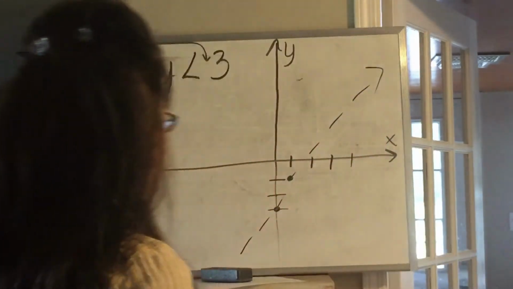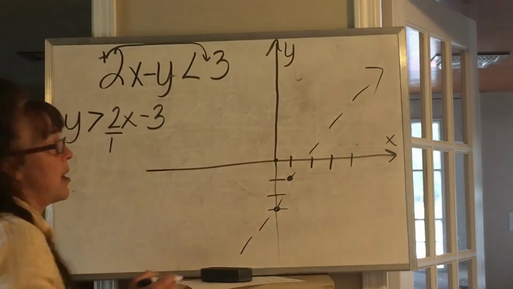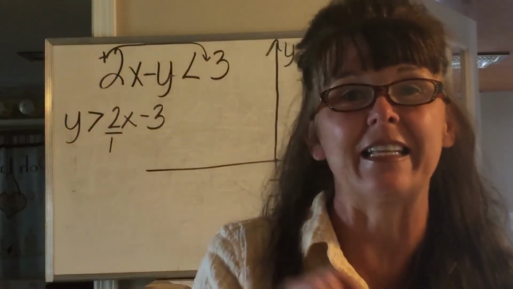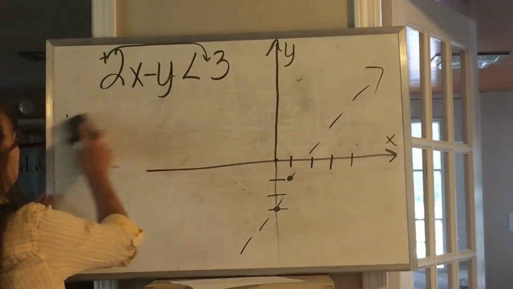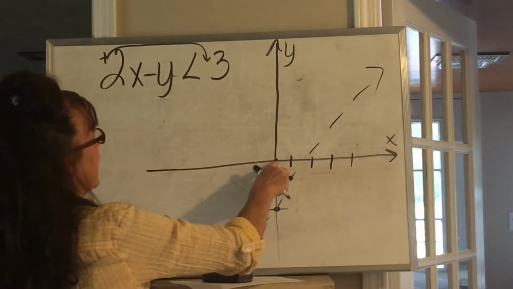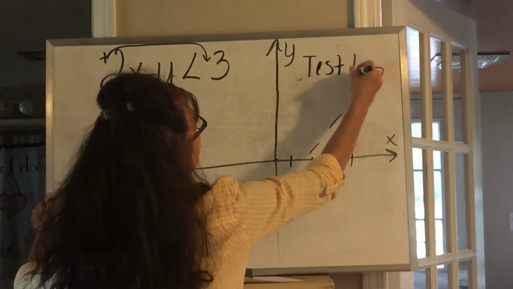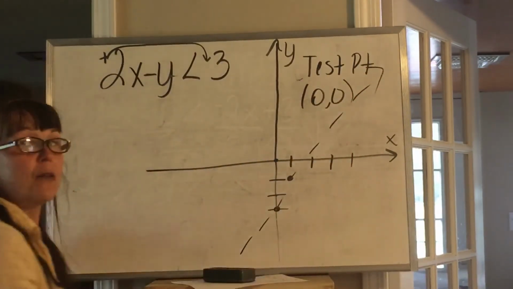All right, so the test point is going to be 0, 0. Why? Because it's easy. Plug in 0 for x, plug in 0 for y. I always pick 0, 0.